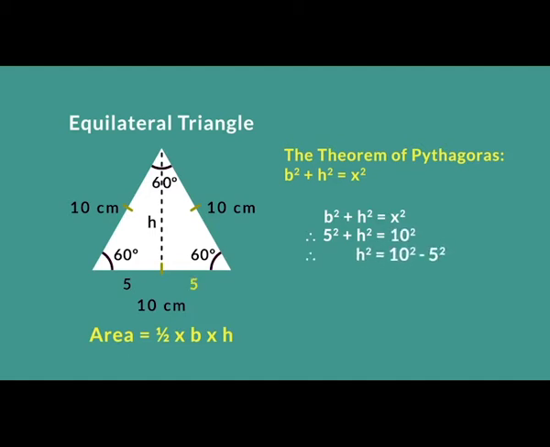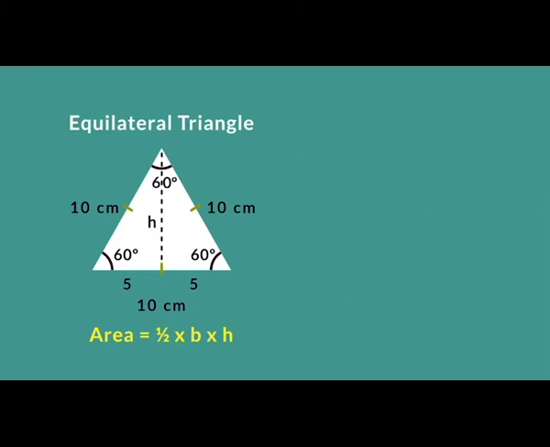We substitute in these values, make h squared the subject and solve for h, which we find is the square root of 75. Next, we substitute this into our formula for finding the area of the triangle. Area of a triangle equals 1/2 times base times perpendicular height, which is 1/2 times 10 times the square root of 75. The area for this triangle is 5 root 75.